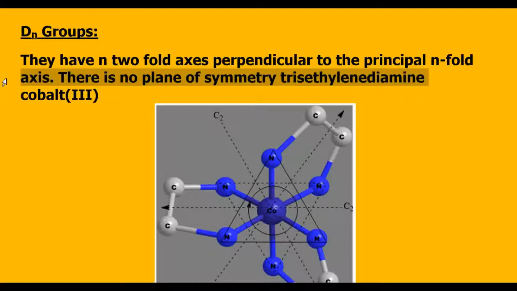If you find C2 axis perpendicular to the principal axis, then the next thing that you have to see is you have to look for the plane of symmetry. And if you are not able to find any plane of symmetry, then and then the molecule will belong to the Dn point group.